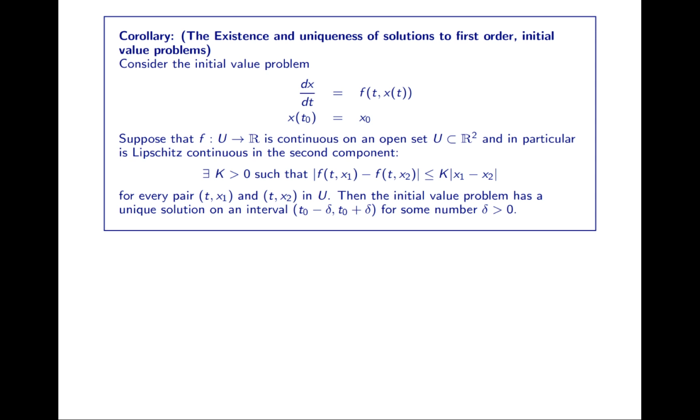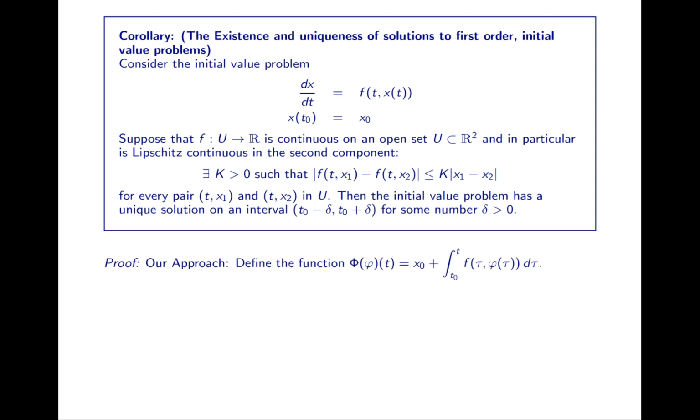If that's true for every pair in U, again, every pair where the first coordinate is the same, then the initial value problem has a unique solution on some interval, t naught minus delta and t naught plus delta, for some number delta greater than 0.